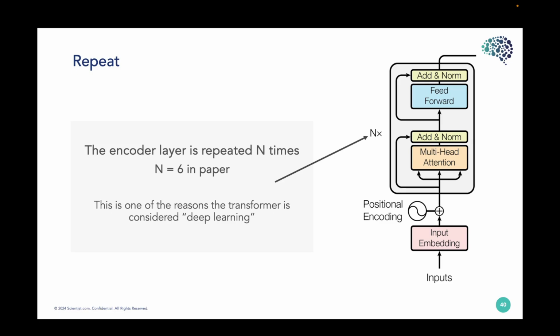It's going to keep taking that ball of vectors and moving it a little bit each time. You're going to keep doing that and keep enriching the space, keep adding context to those vectors. And ultimately, after 6, which is what they use in the paper, you're going to end up with your encoder matrix that comes out of it. And that's the encoder.